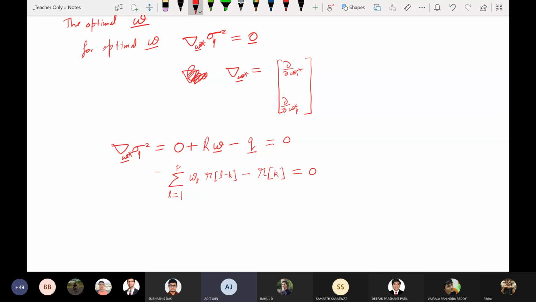W will remain because we just proved that W and W conjugate are independent. Sir, just one doubt. When you're taking the gradient of W conjugate bar, shouldn't it be W Hermitian, because W is the vector? W is a column vector. The gradient is a column vector. W Hermitian is a row vector.